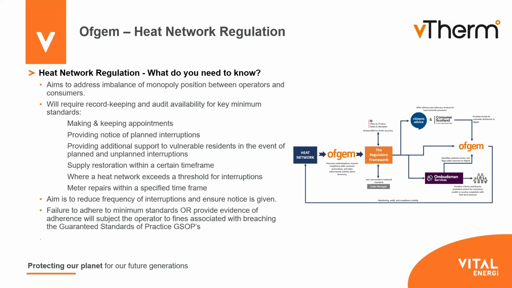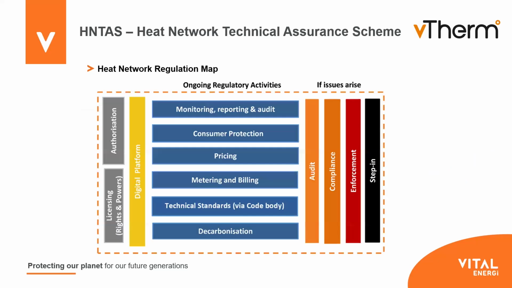And if you're in England, you've got the Citizens Advice Bureau, and you've got Consumer Scotland if you're in the north. And of course, you can then go through Ombudsman services to make sure that if you do have any complaints, there is now a process there, similar to gas and electric as well. That's a quick heat network regulation map. So again, as you can see, there are ongoing activities.